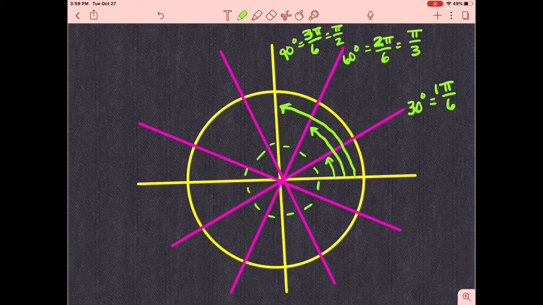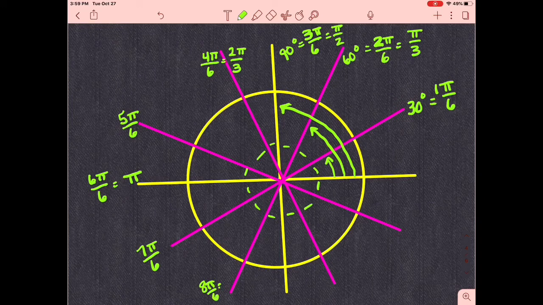When we get to here, let's call this 4 pi over 6, or 2 pi over 3. This is 5 pi over 6, which doesn't really simplify. This is 6 pi over 6, or our good old pi, which is half of a circle. 7 pi over 6, 8 pi over 6, which is the same as 4 pi over 3.